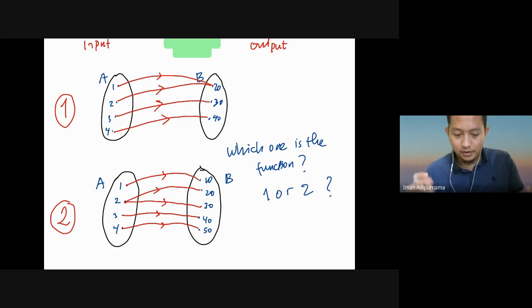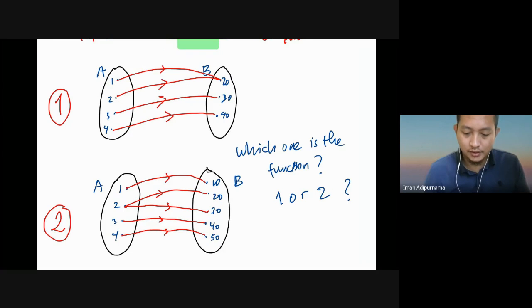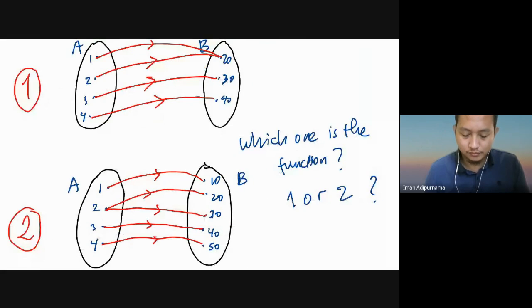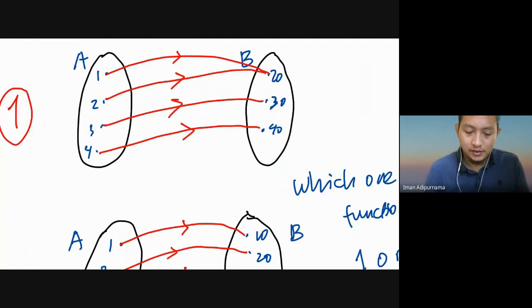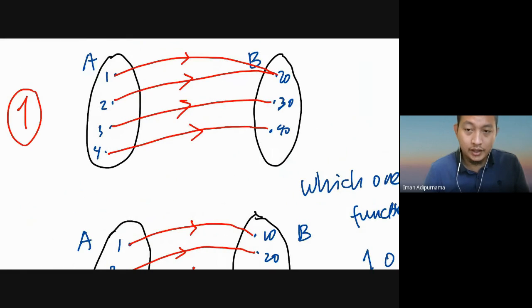Let me review this. The difference between number 1 and number 2: in A for option 1, element 1 and element 2 both go to 20, and that's still okay.